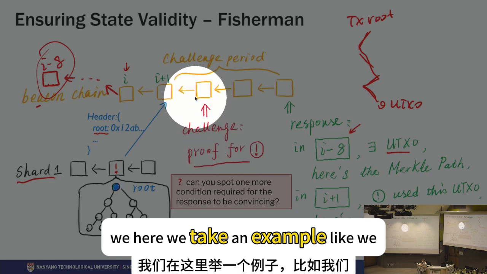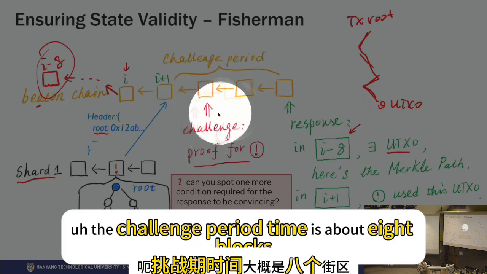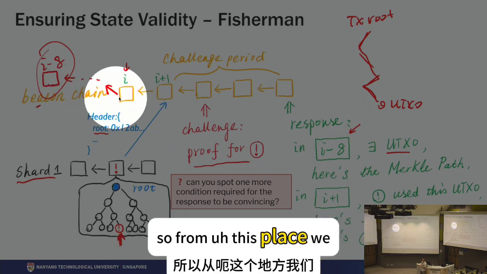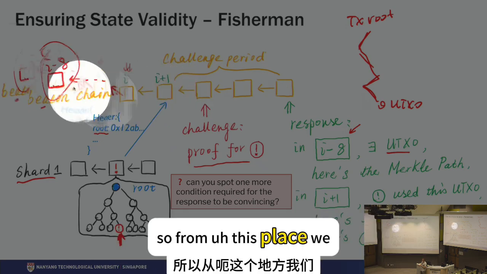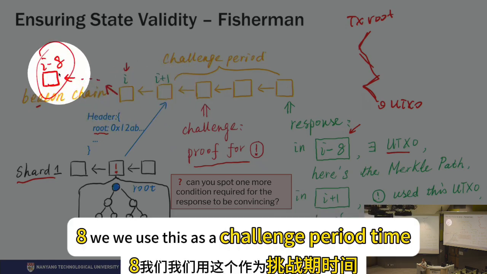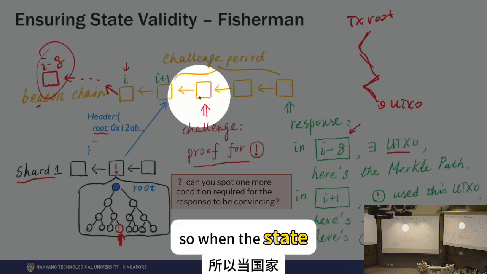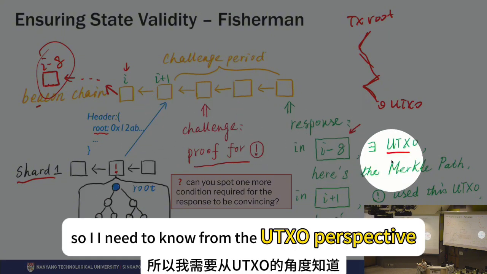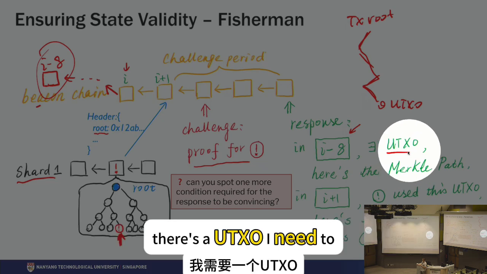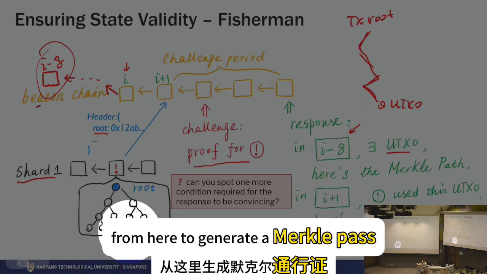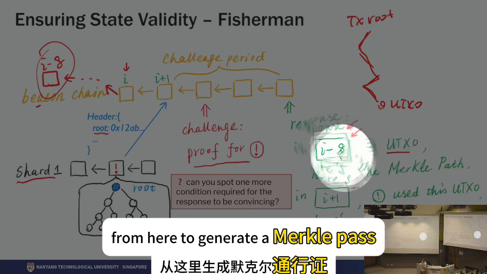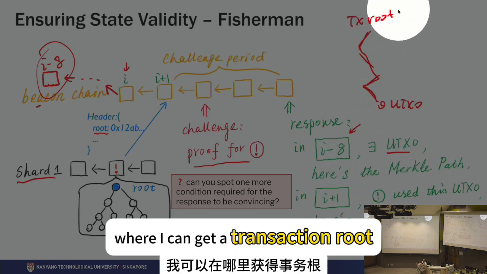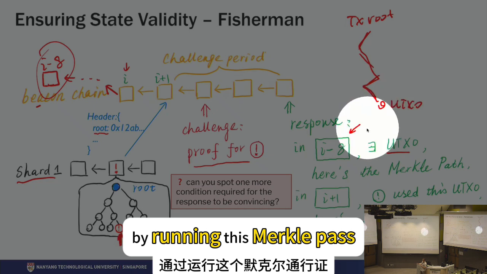Here we take an example where the challenge period time is about 8 blocks. So from this place, I minus 8, we use this as a challenge period time. When the state is updating and trying to generate a new block, I need to know from the UTXO perspective, there's a UTXO from which I need to generate a Merkle path where I can get a transaction root by running this Merkle path.